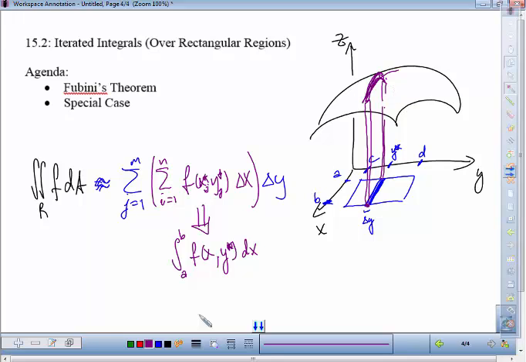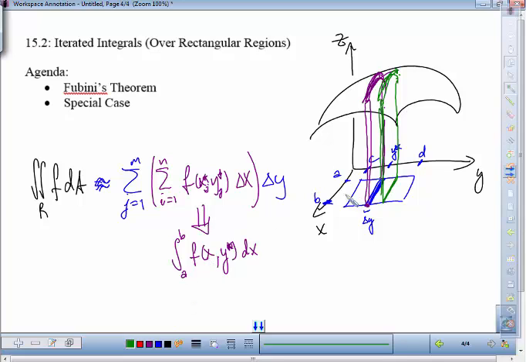So for a different slice, you're going to get a slightly different volume. But essentially, you're stacking up all these slices along the y.